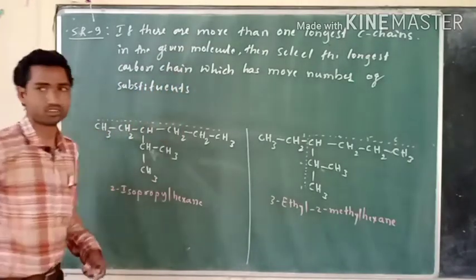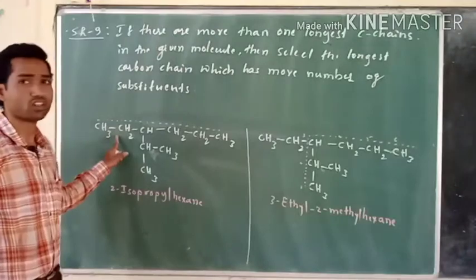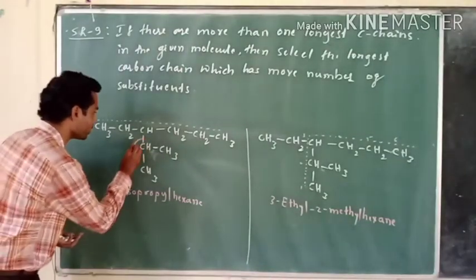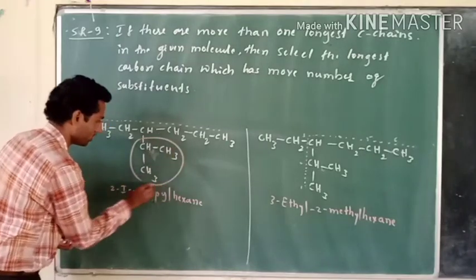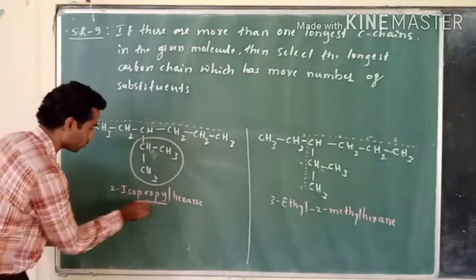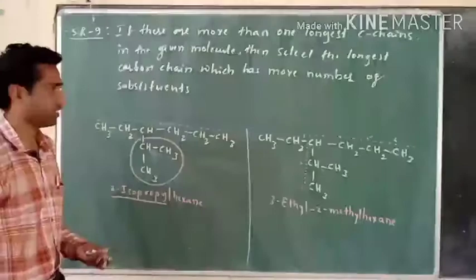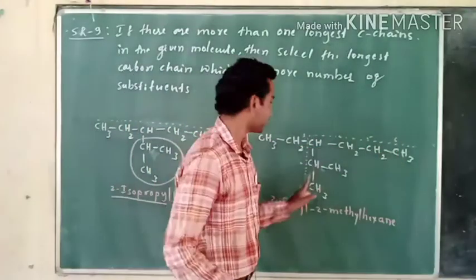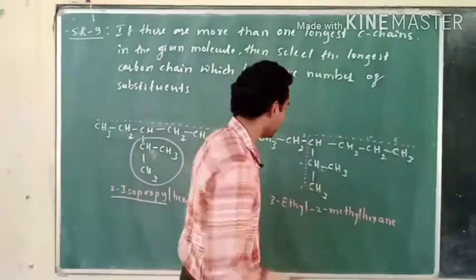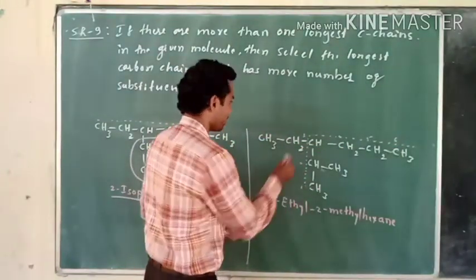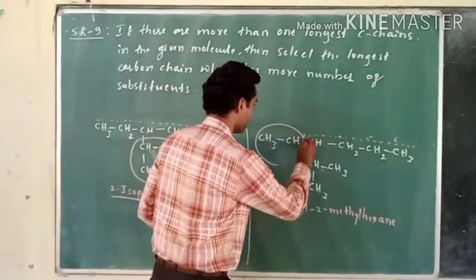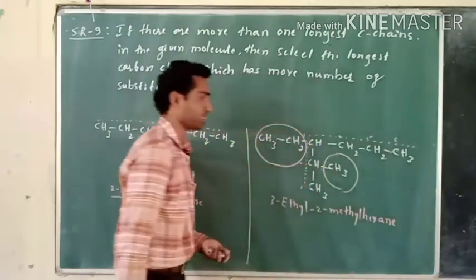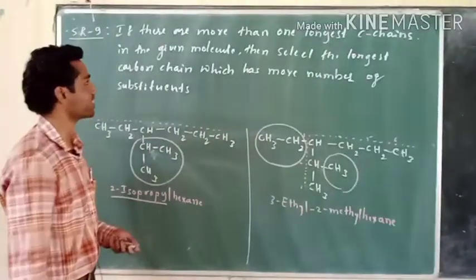This is the rule. If I select this carbon chain as the longest carbon chain, we have only one substituent, the isopropyl group. If I select this other longest carbon chain, then I end up with 2 substituents: one is the ethyl group, another is the methyl group. What does the rule say?